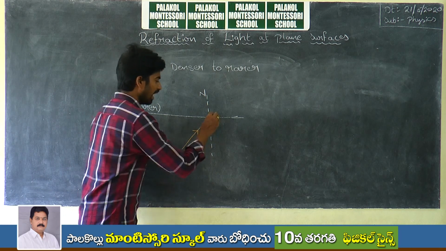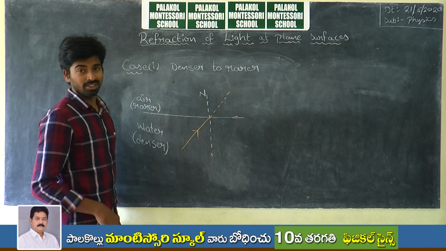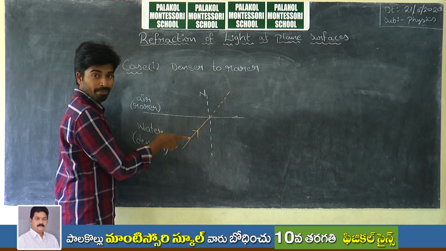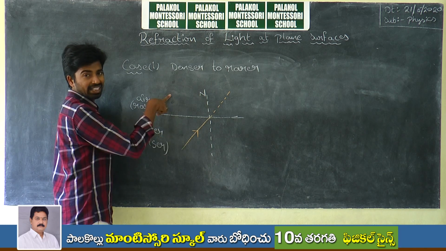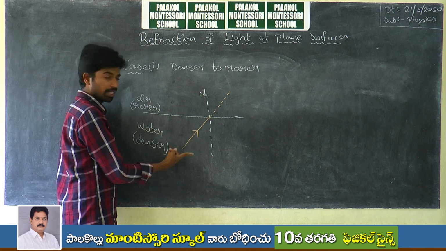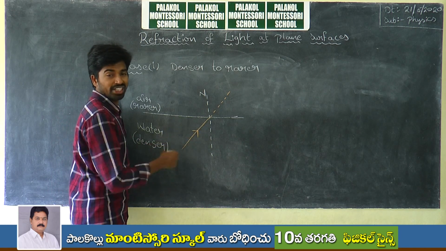This is the actual path of the light ray when there is no change in the medium. Because of the change in medium, light enters from water to air.